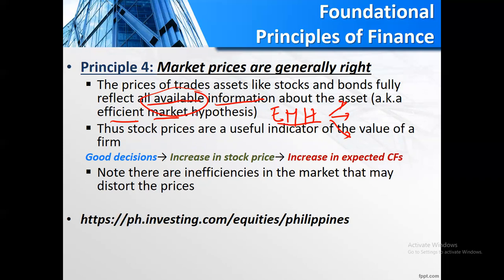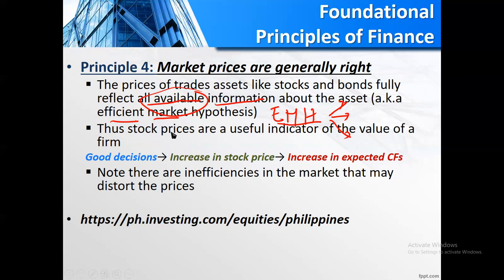And if only some have this privileged information, then the market will not really flourish. People will be afraid to invest in that because there are others who are privy to more information and are able to use this information to invest. So hindi pa pwede yun. Okay? Market information has to be present to everybody.